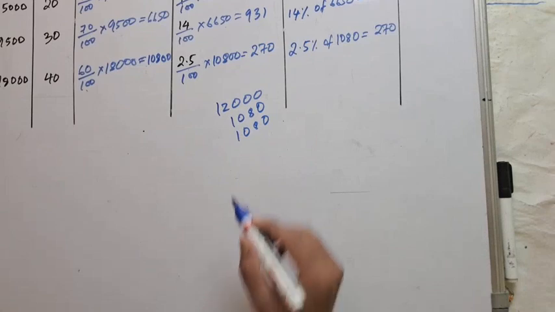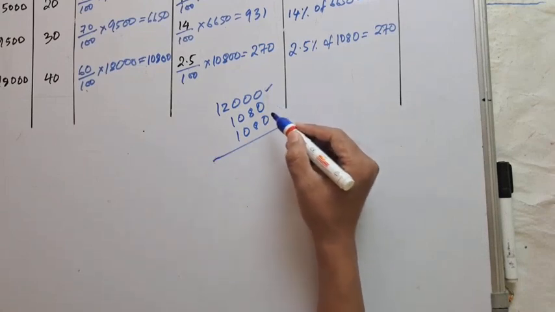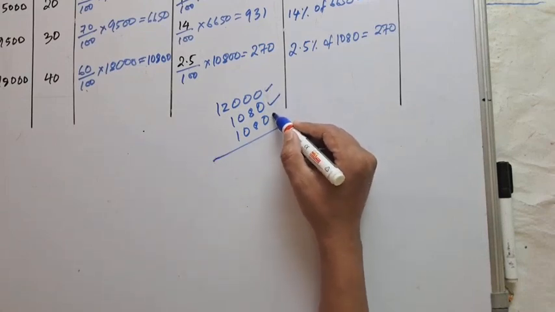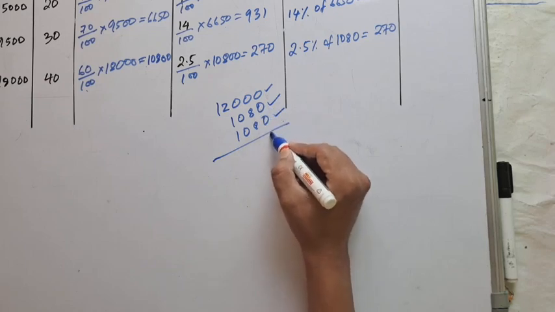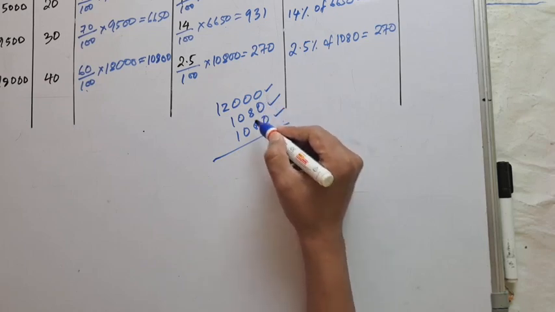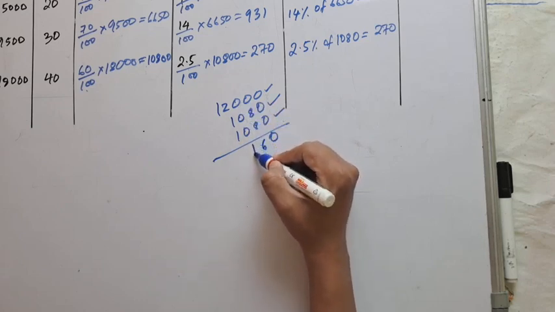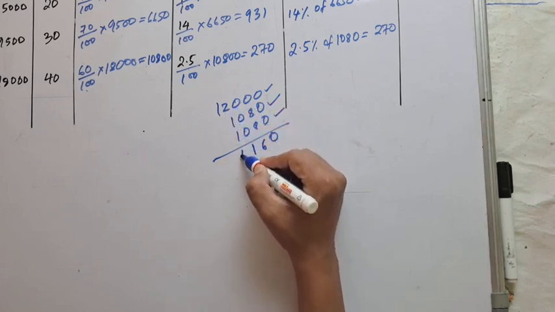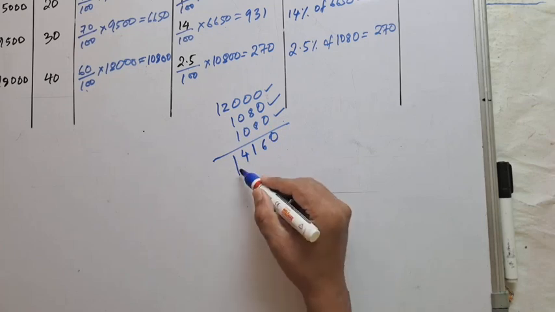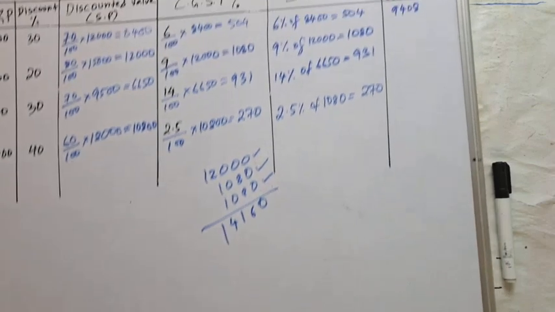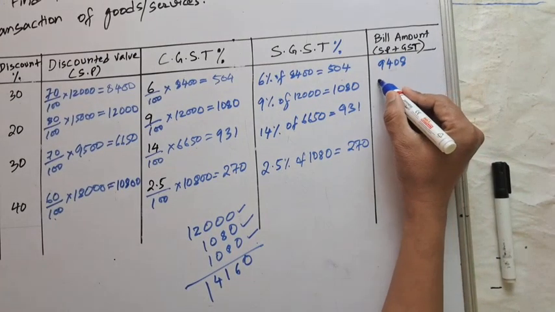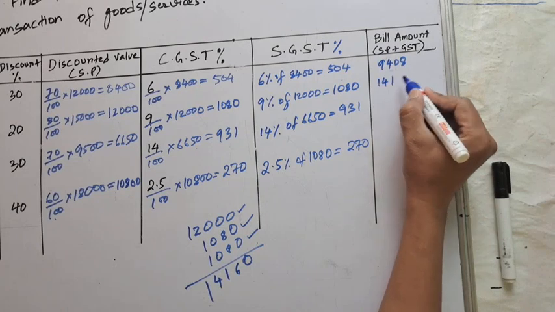So we add all this. This is selling price, this is CGST and this is SGST. 0 plus 0 plus 0 is 0. 8 plus 8 is 16. 6, 1 in hand. So 14,160, isn't it? This will give us 14,160.